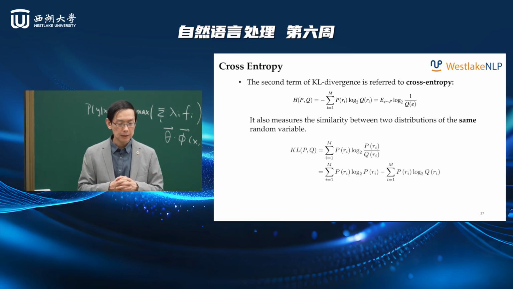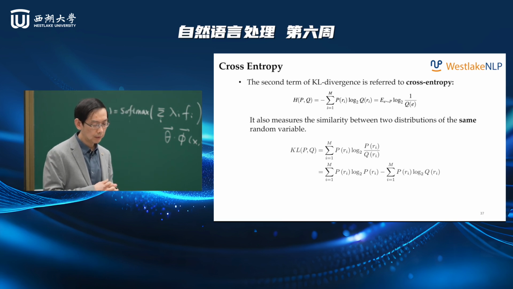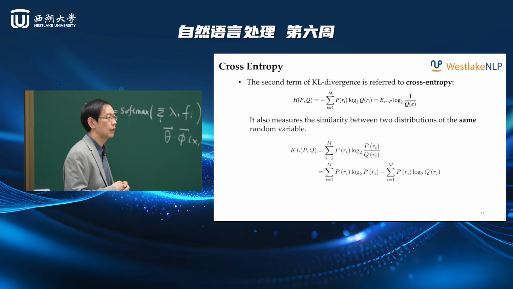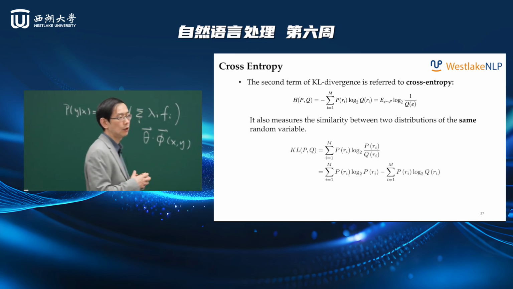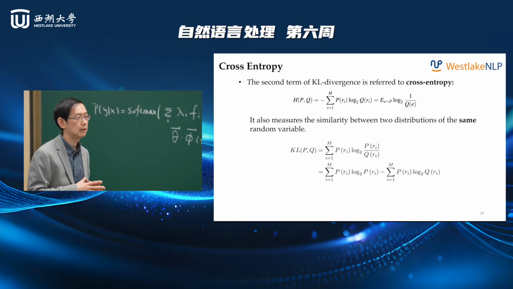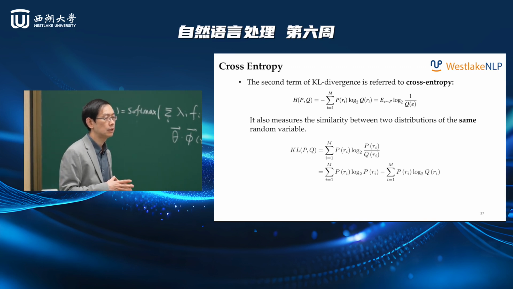Because in information theory, if you use a probability distribution Q to encode some random variable distributed in Q, you save the maximum number of bits. All right, so this is the first thing.